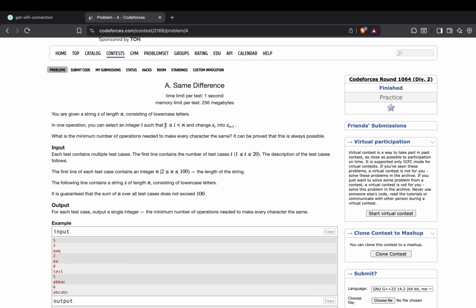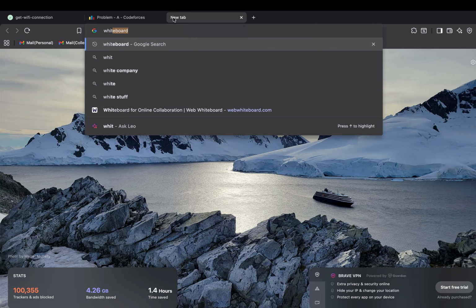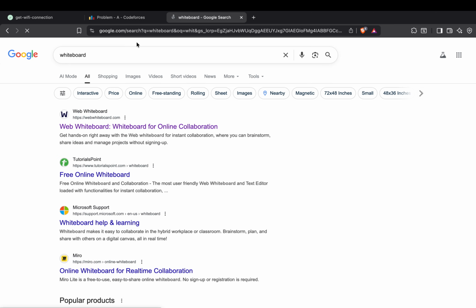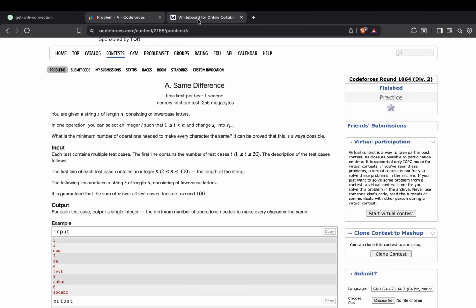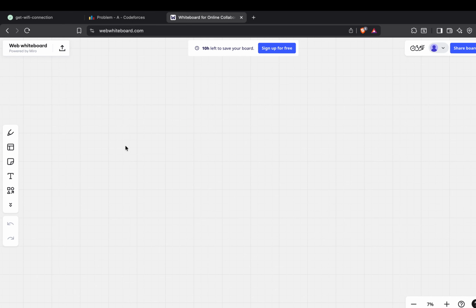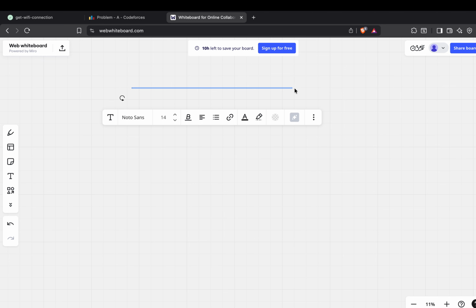Okay, so an important observation is the constraint of i, which is from 1 to n minus 1. That is, we can never change the nth term here. So, what do we notice?